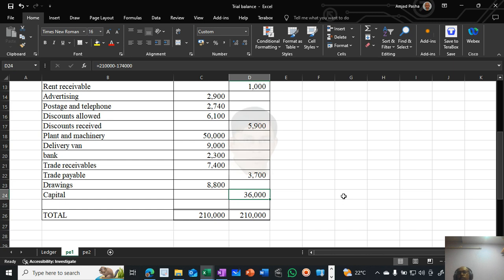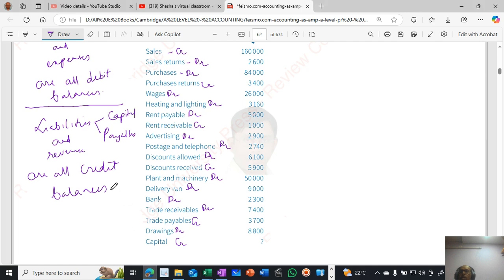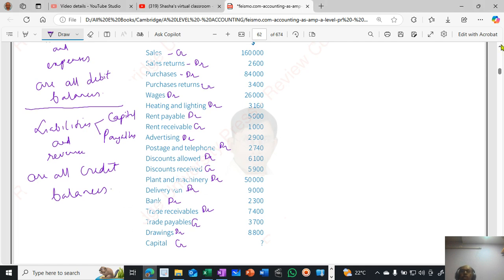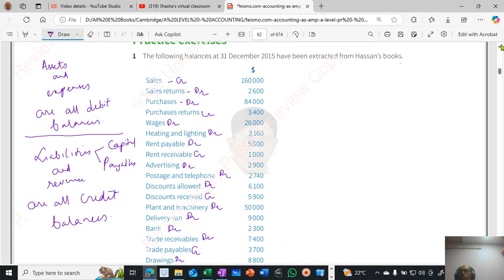It's very simple. You just need to know this concept. Just remember, all assets and expenses are debit balances, all liabilities and revenues are credit balances. Just remember this simple funda. It's very easy. If it comes in a question, either MCQs or anything, it's easy marks, so don't miss out.